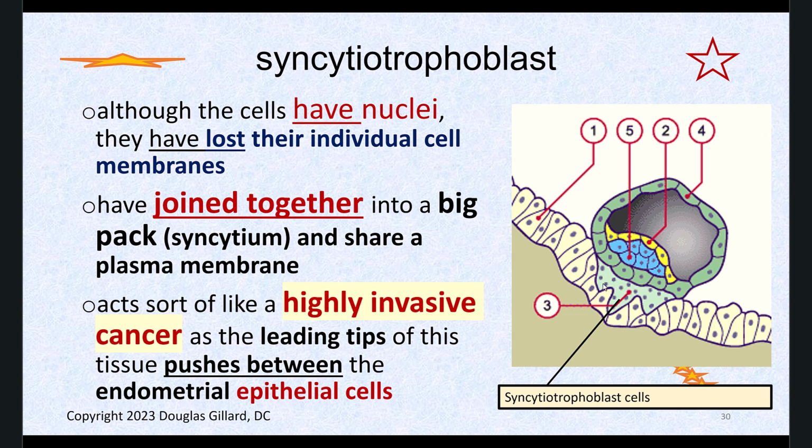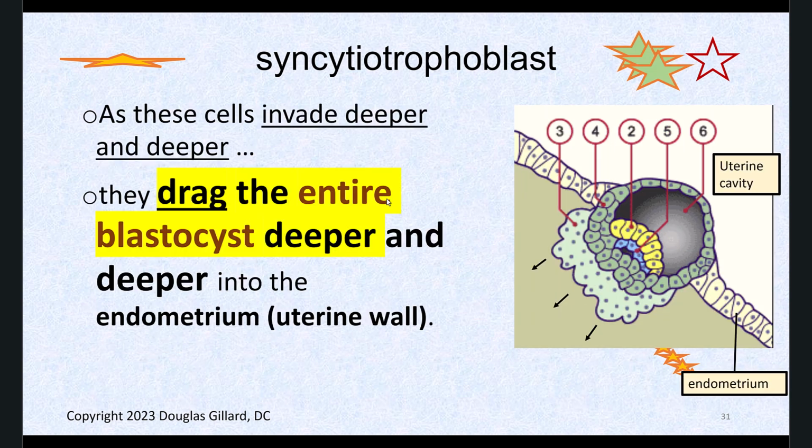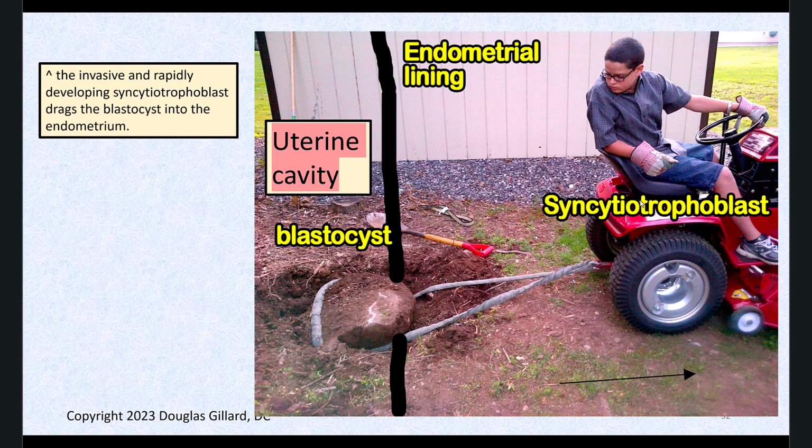As they grow, it's believed that they pull the blastocyst deeper and deeper into the endometrium. This is the uterine milk out here, the uterine cavity. So they start to pull it and drag it in deeper and deeper. You can see this maybe 6 hours or a day later, it's been dragged in. Now maybe about half of it is sticking out in the uterine cavity. The rest of it has been dragged in. And that goes on and on, like this syncytiotrophoblast dragging a big boulder through the endometrial lining.